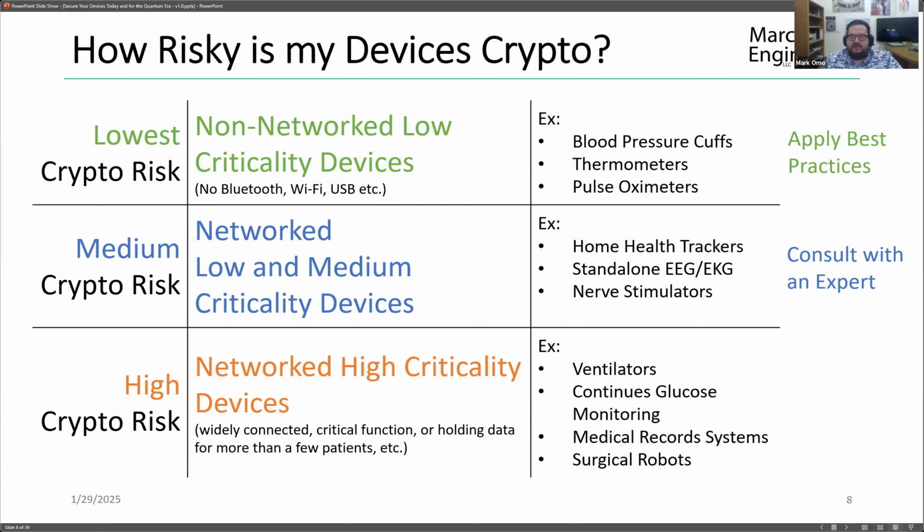Medical record systems, huge targets of hackers and people trying to breach systems, along with large complicated systems like surgical robots. This is where not only do you need to check in, you should work closely with experts in cryptography to really make sure that what you're doing, how you're applying the data, how you're storing your keys, how you're architecting your system, how you're planning for the future is really on point and on target.